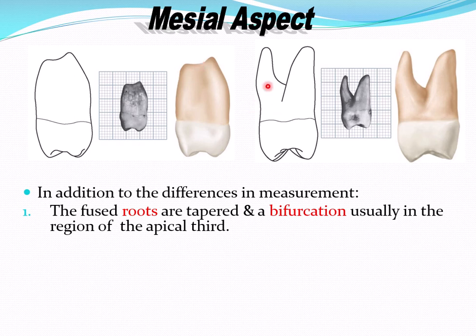The root trunk is greater here, the root trunk being from the cervical line to the beginning of the furcation. This is called the root trunk.